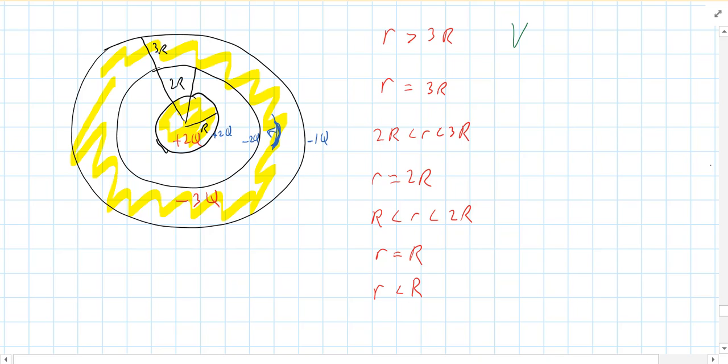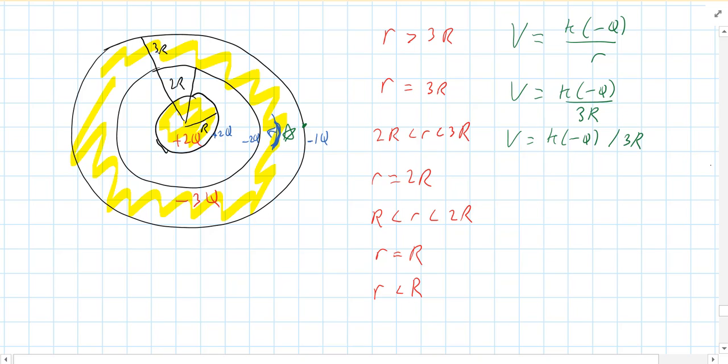So the voltage way out here would be just K times negative Q over R. At 3R, the voltage would be K times negative Q divided by 3R. So now we know the voltage here. Now, remember, the voltage within this metal conductor isn't going to change because there's no electric field in there. So the voltage inside of there is going to stay K times negative Q divided by 3R.